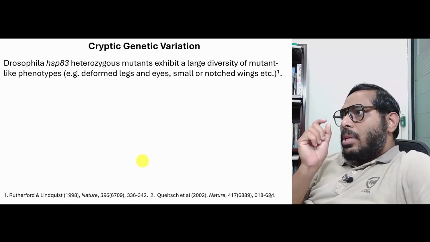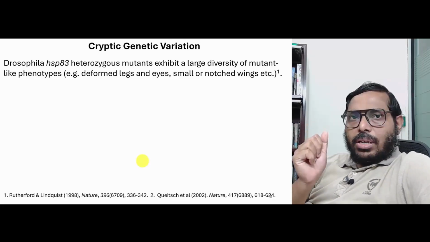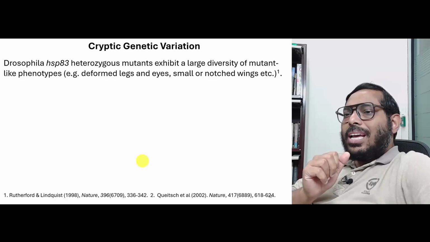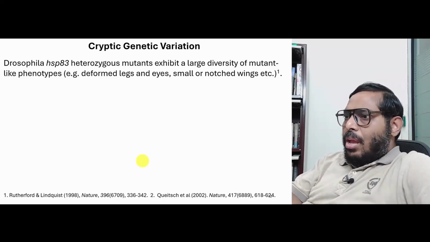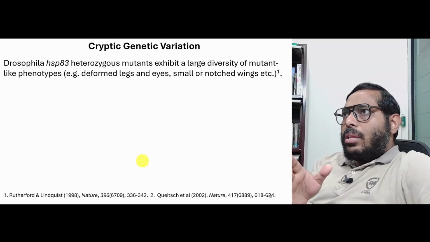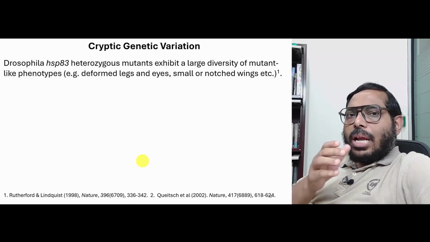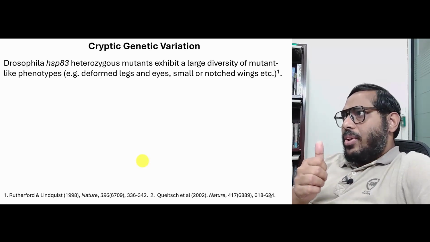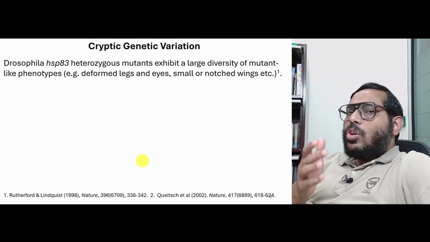There is a certain mutant in Drosophila which is known as the HSP83 mutant. When it is homozygous for that mutation, it is not viable.